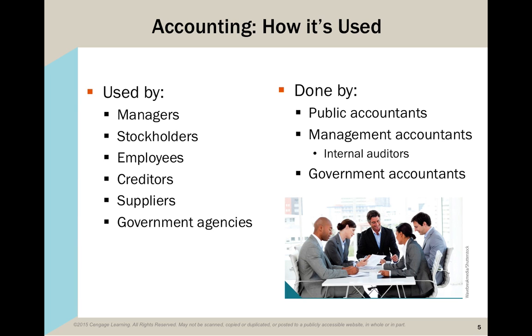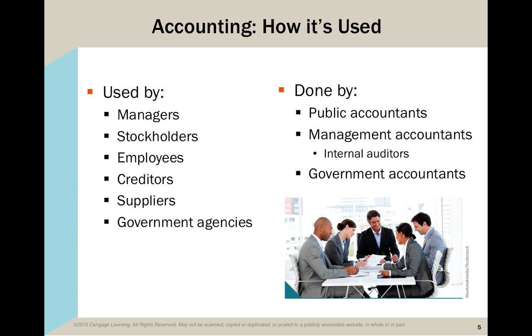So how is accounting used? It's used by a variety of people within and outside of an organization. It's used by managers, stockholders, employees, creditors, suppliers, and government agencies. And who does it? There's three main groups.